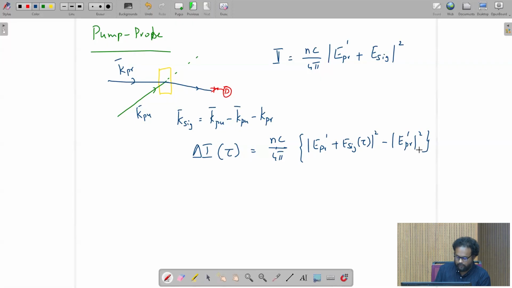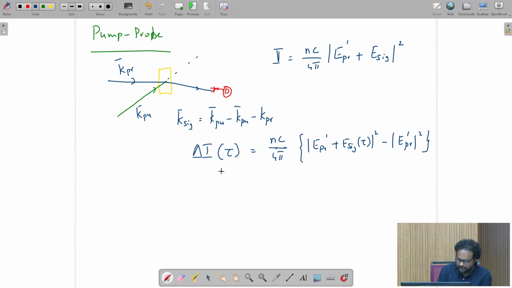Under the weak probe approximation, which is ubiquitously used, usually in a pump probe experiment your pump is much stronger than your probe. The probe is relatively weak. It's not exciting the system. It is of course interacting, otherwise there is no third order response, but it has what we call the weak probe approximation.